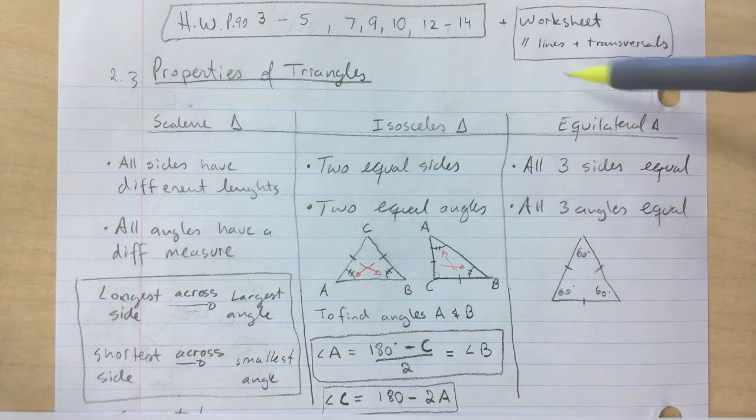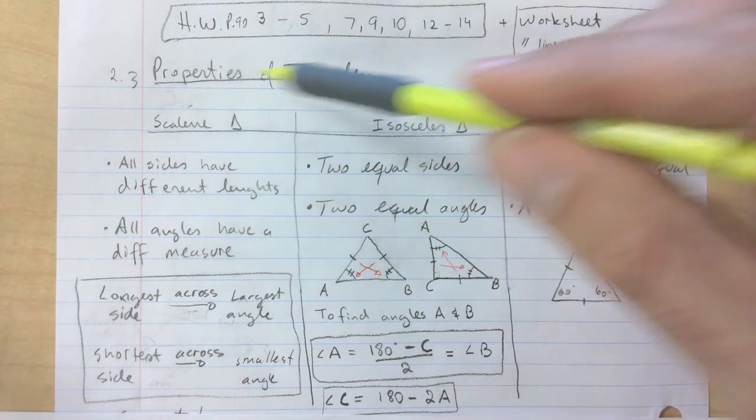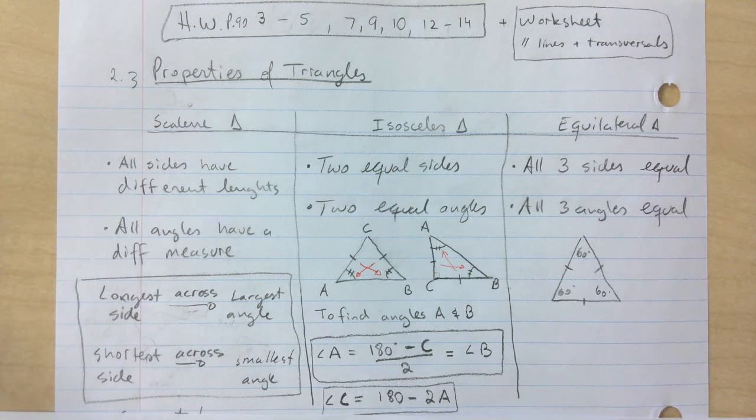And notice that the worksheet comes back, okay? So write down the title exactly as it is, 2.3, properties of triangles, and write down this chart, and I will explain it a little bit as well, okay?